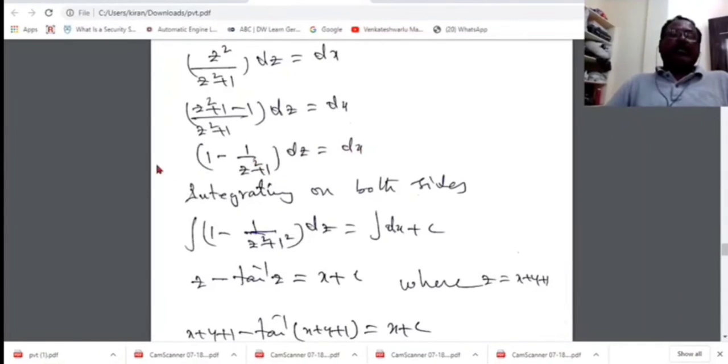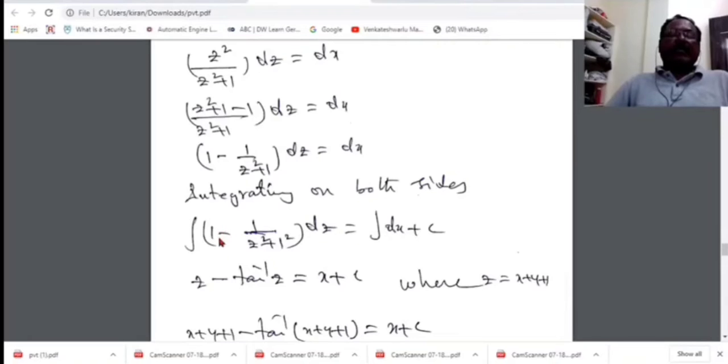Now integrating on both sides, the integration of (1 minus 1 by (z square plus 1 square)) dz is equal to the integration of dx plus c.